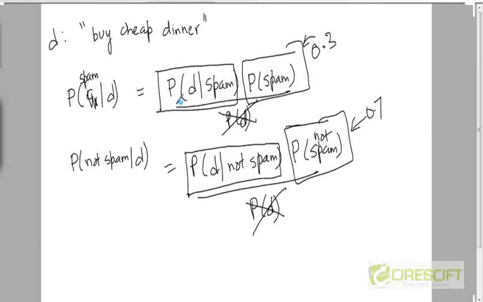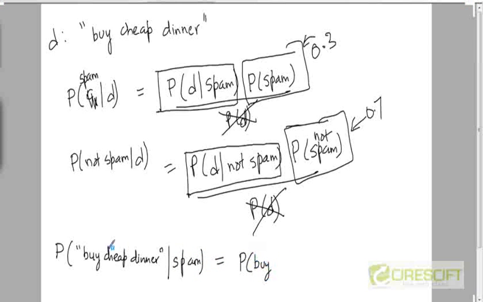So what is the probability of D given spam? This is the probability of buy cheap dinner given spam. Again, we'll use the naive assumption and split this up.